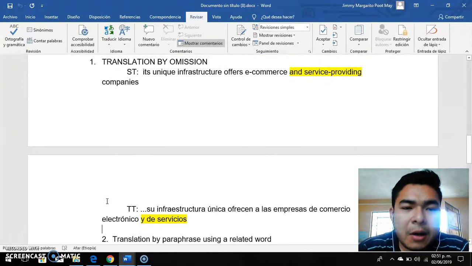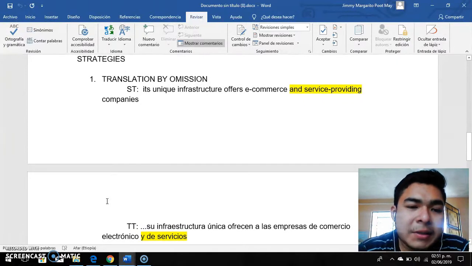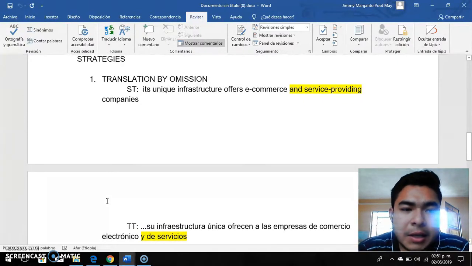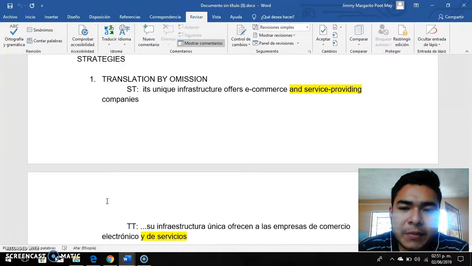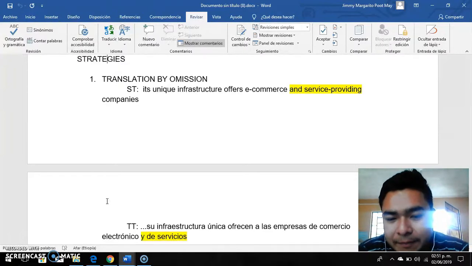Also, now I'm going to talk about some of the strategies I use. I commonly use two. The first one was translation by omission. In this part, I saw that "service providing" refers to the servicios, so I didn't translate providing.